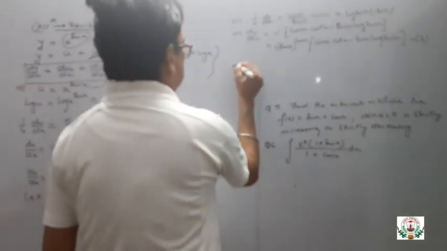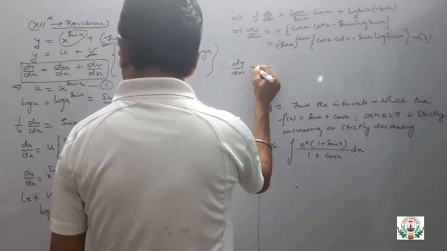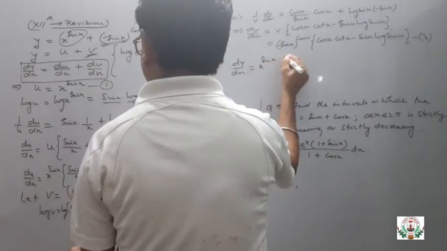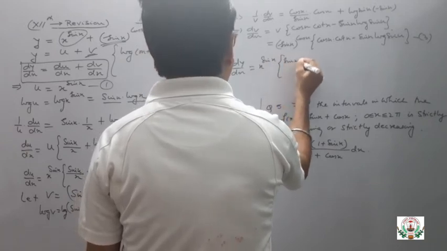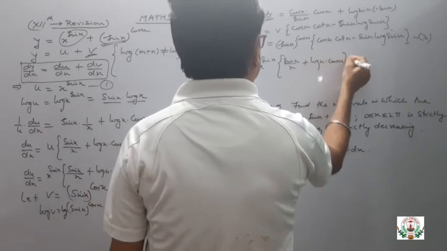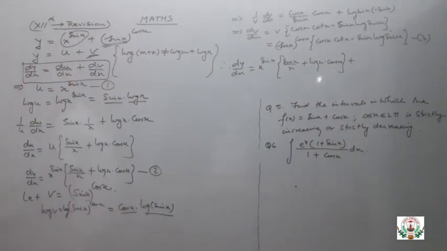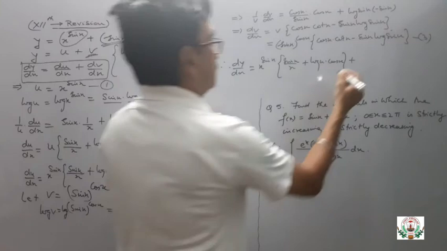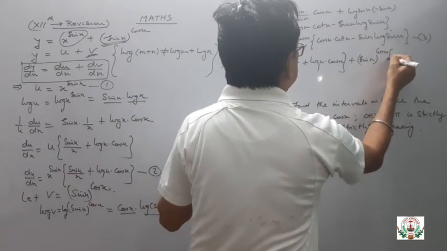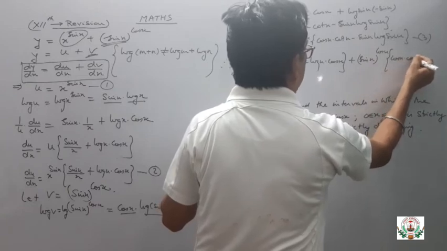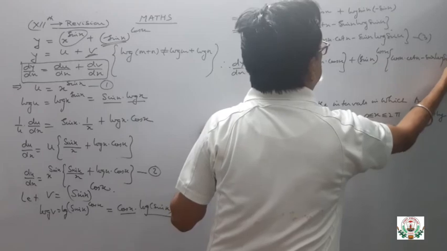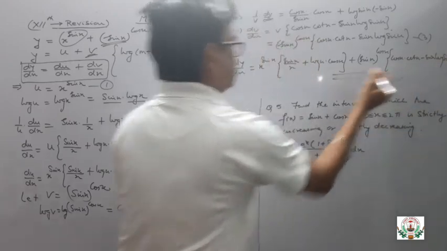So therefore dy by dx will be equal to du by dx, which is x to the power sin x times sin x upon x plus log x into cos x. Now dv by dx is sin x to the power cos x times cos x cot x minus sin x log sin x. That is our answer.